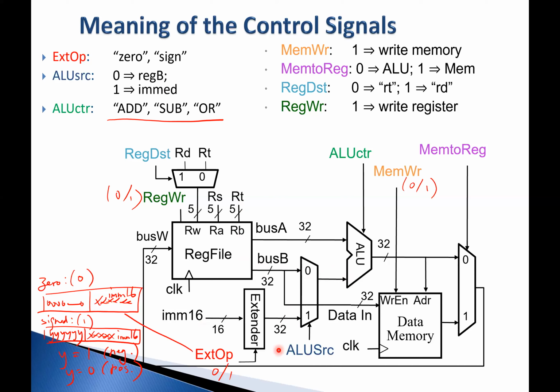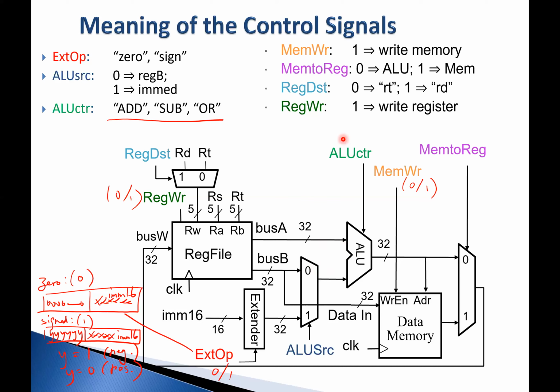So for R format, of course, bus B always, right? But if it's I format, it depends. Regular arithmetic, yes, you will use ALU source 1. But if it's a branch, later on we'll see, you need to use both to compare. So this is the ALU source.